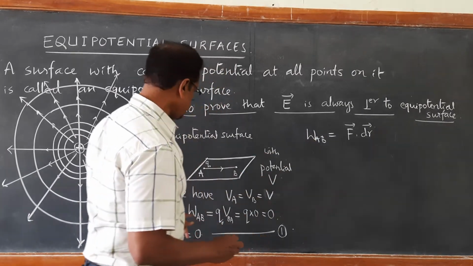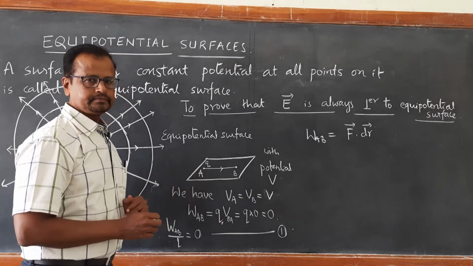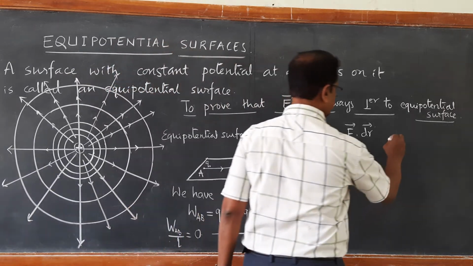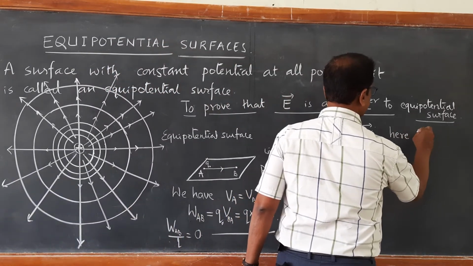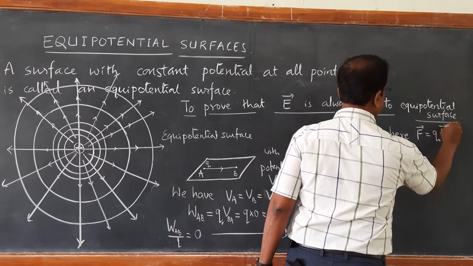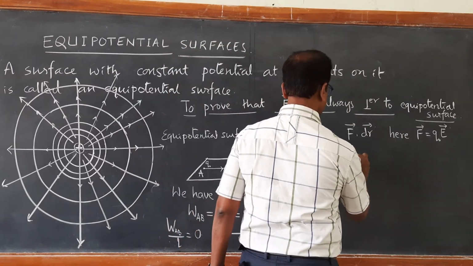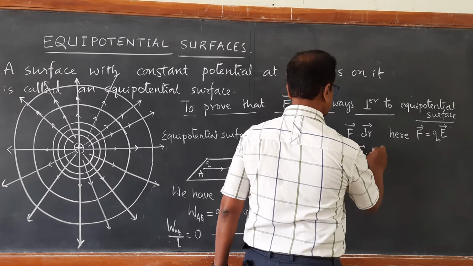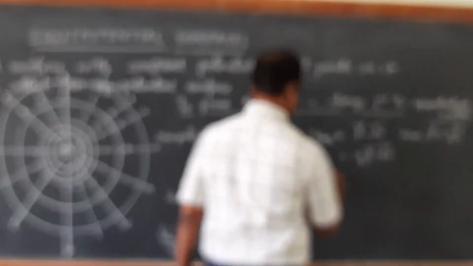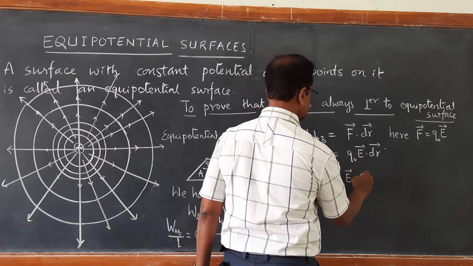Now, force to be exerted on this charge Q naught is equal to test charge Q naught multiplied by electric field E. So, substitute here. So, this becomes Q naught times E dot dr. So, take this Q naught to the left hand side. So, it becomes WAB by Q naught equal to E dot dr.